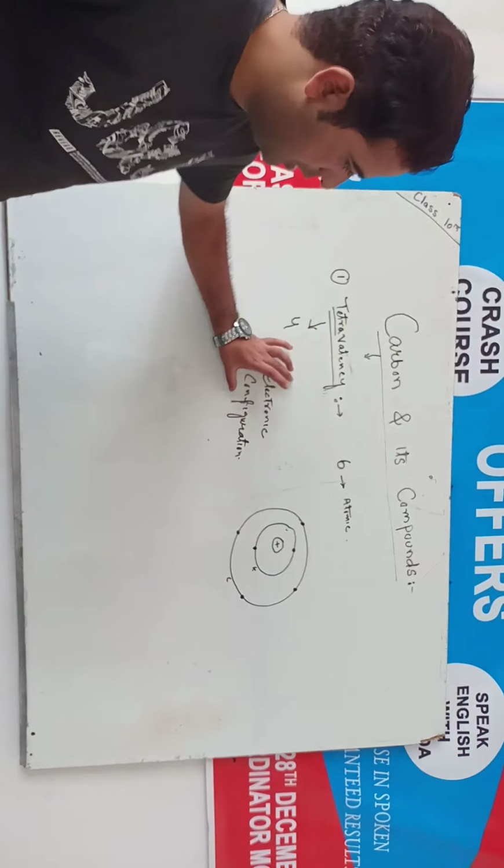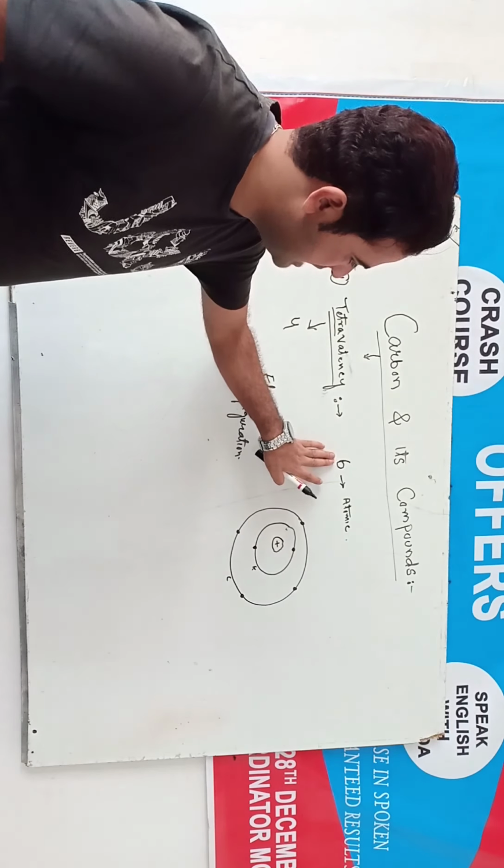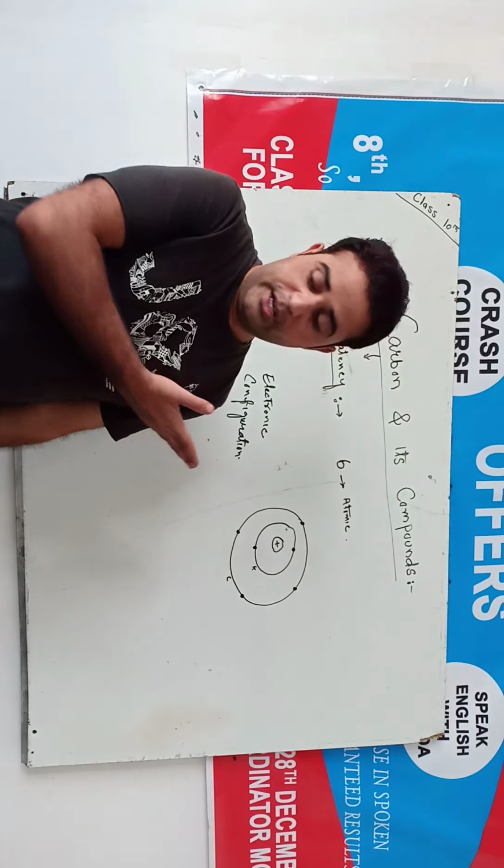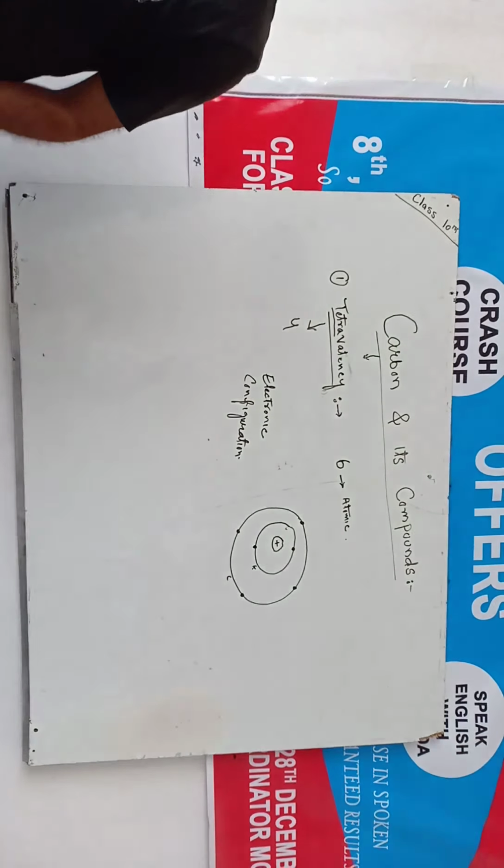Now, what are the rules? How is this electronic configuration done, and what are the different rules to fill the electrons in various shells? We will discuss first so that we understand how these 6 electrons are distributed in the different shells of this carbon atom.